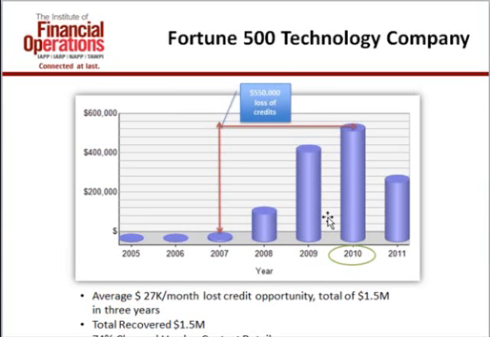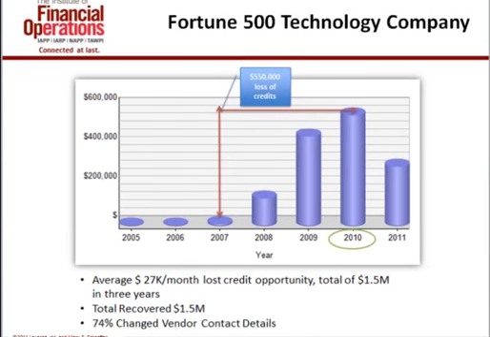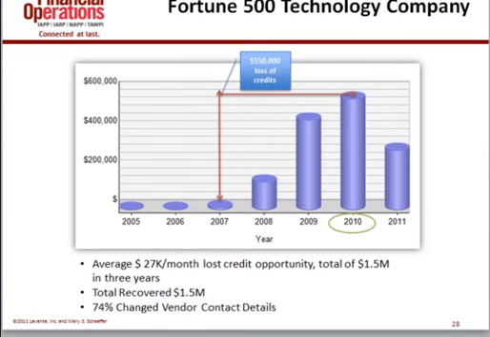So you can see, again, on an ongoing basis, significant dollars, and again, 74% changed vendor contacts, and total recovery, $1.5 million. These are big numbers, okay? These are big numbers when they come off the bottom line.